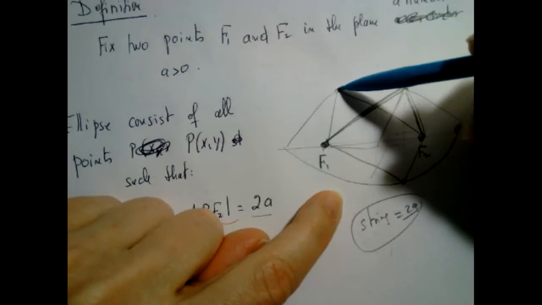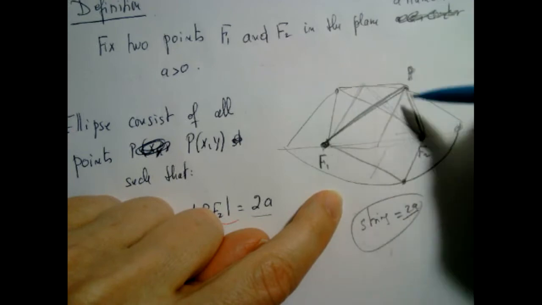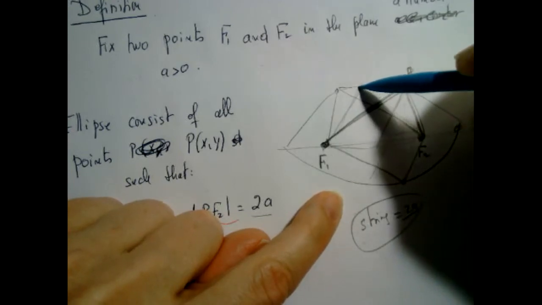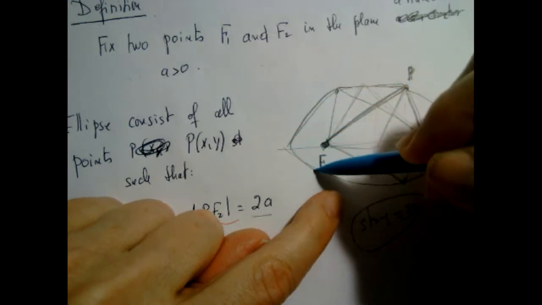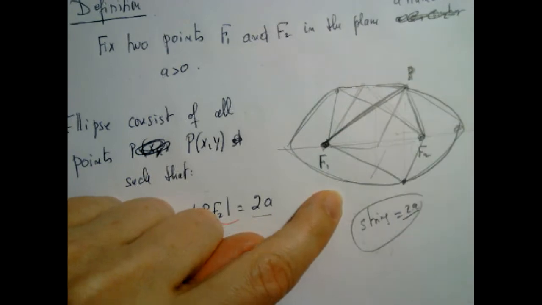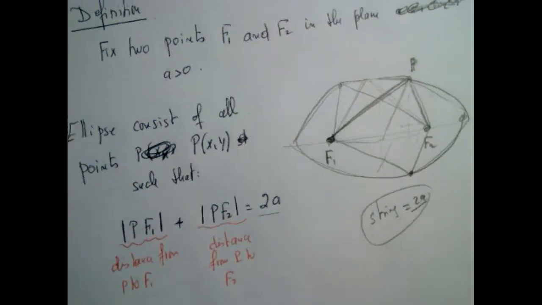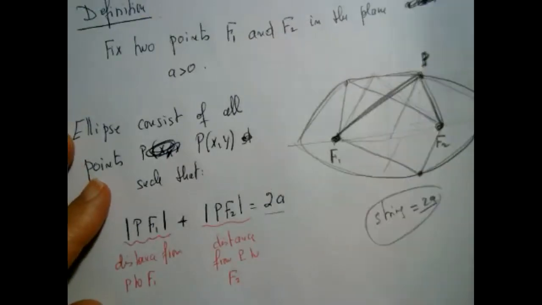As you move it, you're not changing the sum of the distances to the nails, which is 2a. So take your hand and move the string like that, and the shape you get is this oval shape. You get this ellipse. So constructing an ellipse by hand is fairly simple because of this definition.